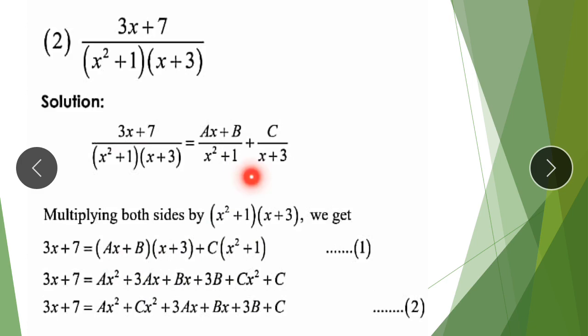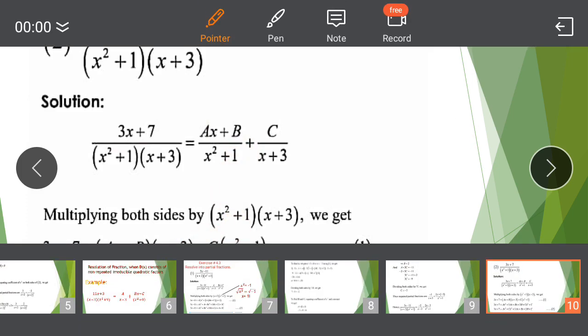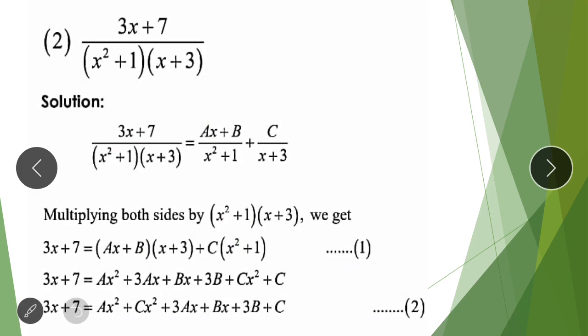Now we can put the value of x, what? Minus 3. When we put x is equal to minus 3, this will get 0, and we can find the value of c, because minus 3 plus 3 will get 0, and this whole will get 0. And the values of a and b can be found out by equating the coefficients. Here you can see that we can equate the coefficient of x square.